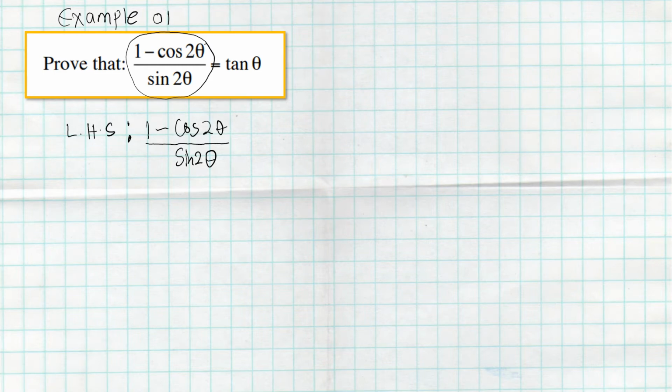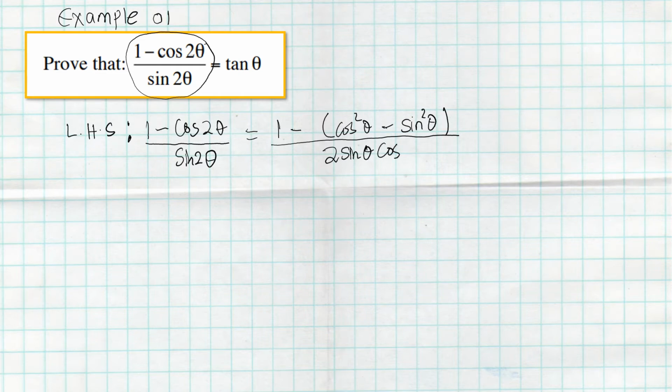We know that cos 2 theta is a rule, and we can change it to cos squared theta minus sine squared theta. Divided by, what is sine 2 theta? It's also a double angle of sine, and it's also a rule that can be changed to 2 sine theta cos theta, right?